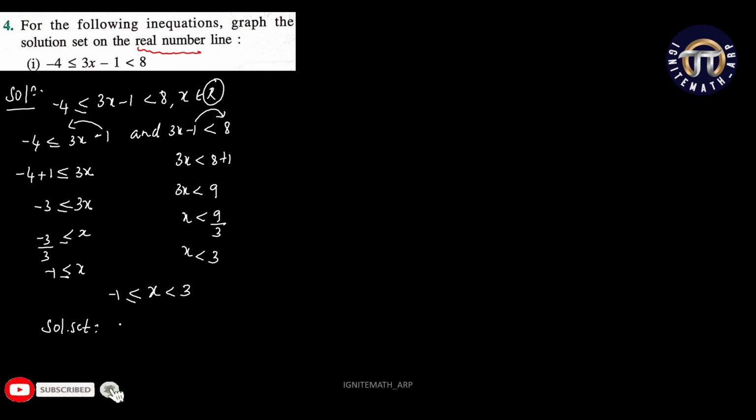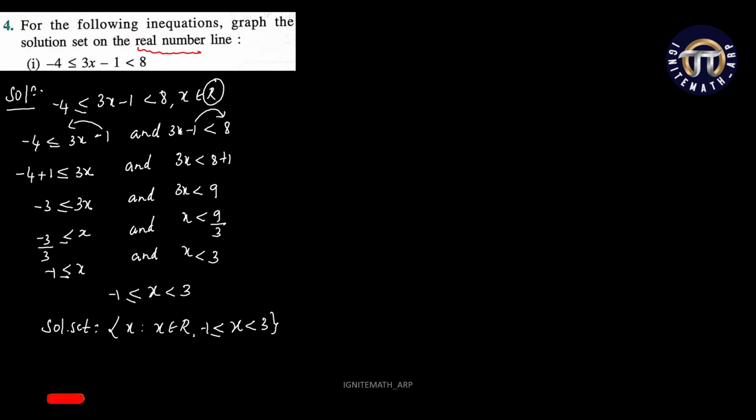So the solution set would be x such that x belongs to the set of real numbers, x is greater than or equal to -1, smaller than 3. Now I got to know what the lower limit and upper limit are. You can write 'and' over here, everywhere. If you want, just write it in the first step, that is also well and good.